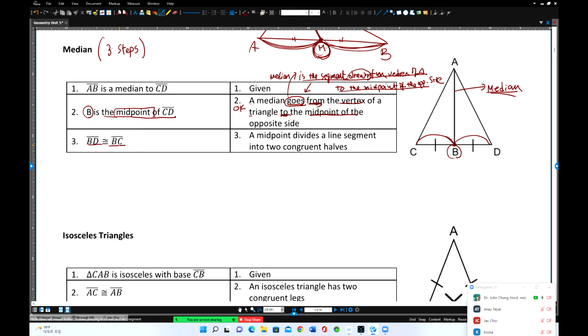It's the same as the definition of midpoint: a midpoint divides the line segment into two congruent segments, or halves, or parts.